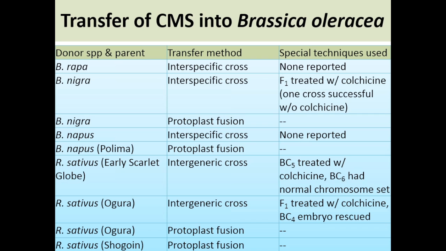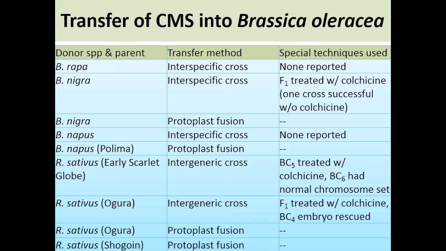We were successful in doing this, but what people found out was that these were male sterile, cytoplasmic male sterile, but they had a cold temperature induced chlorosis associated with the chloroplasts that were present. The chloroplasts that came out of radish and were put into cabbage caused this particular problem.